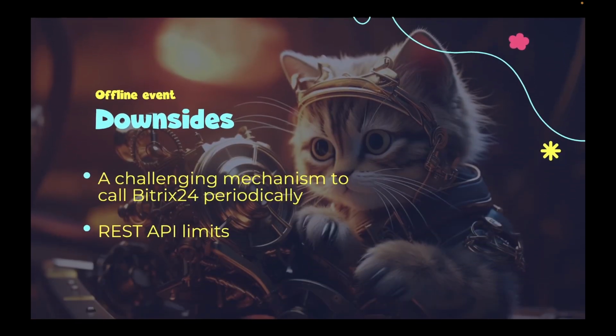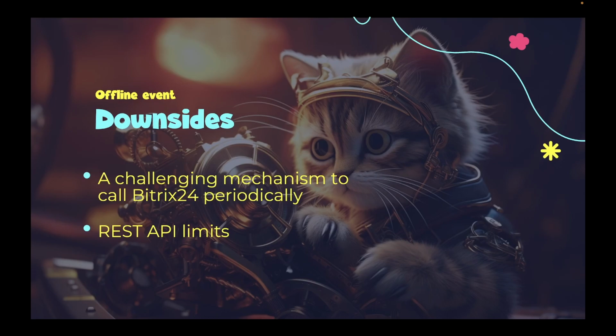I've talked a lot about the advantages of offline events, but you should also understand the downsides of this approach. Firstly, unlike regular events, where Bitrix24 itself triggers your handlers, with offline events, you'll need to create a mechanism that periodically calls Bitrix24. This can be a non-trivial task, especially for mass-market applications installed on hundreds or thousands of different Bitrix24 instances.